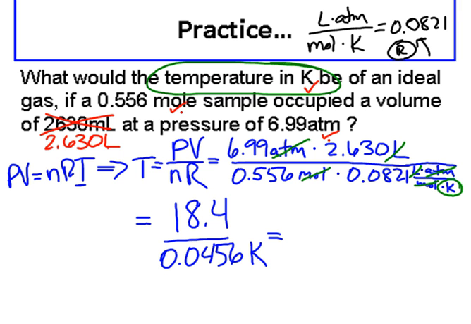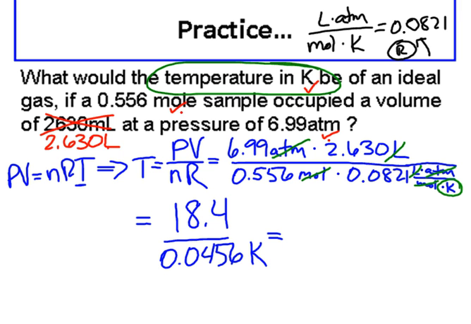So I'm going to go ahead and do my calculations. Okay, 6.99 times 2.630 with 3 sig figs is going to be 18.4. I have 3 sig figs because 6.99 has 3 sig figs. And then my denominator, 0.556 times 0.0821 Kelvin, is going to be equal to 0.0456 with 3 sig figs because both those numbers have 3 sig figs.